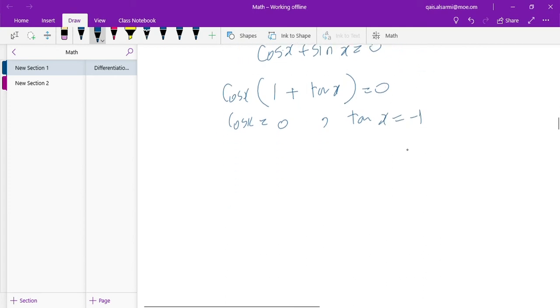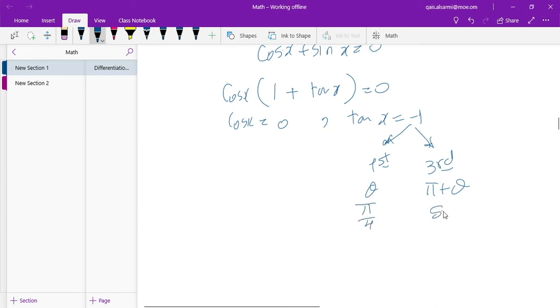Negative 1 again means it lies in 2 quadrants, second or fourth. How to evaluate? Using your calculator, write shift tan 1. I think it is pi over 4.